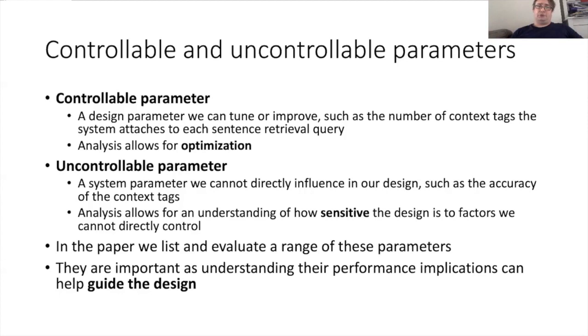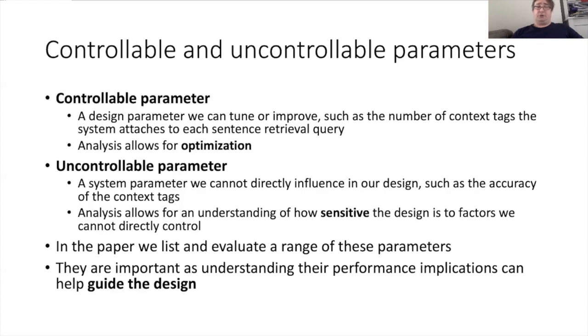Uncontrollable parameters are emergent system parameters we cannot directly influence in our design, such as the accuracy of the context tags, which depends on many factors, including the algorithm, the individual behavior of the user, and the context itself. Envelope analysis allows for an understanding of how sensitive the design is to factors we cannot directly control.